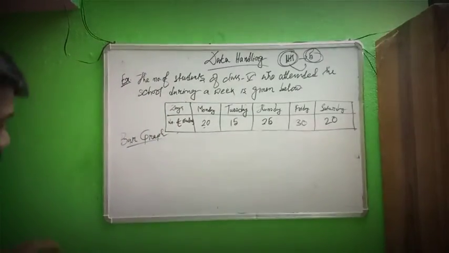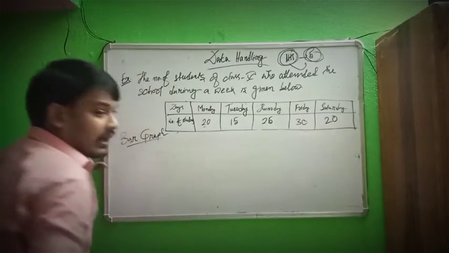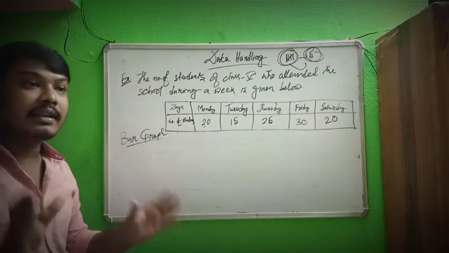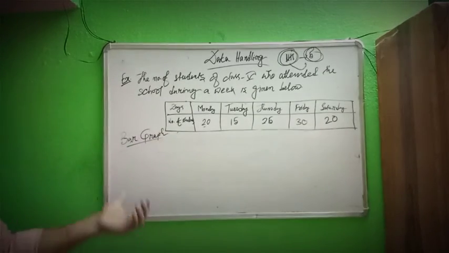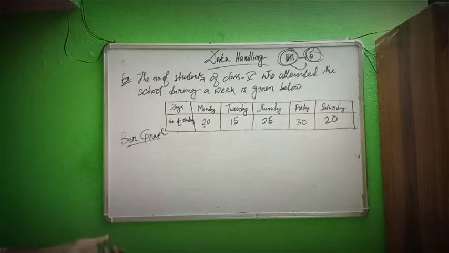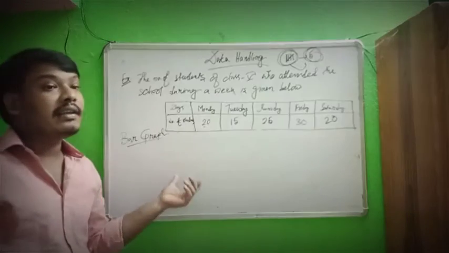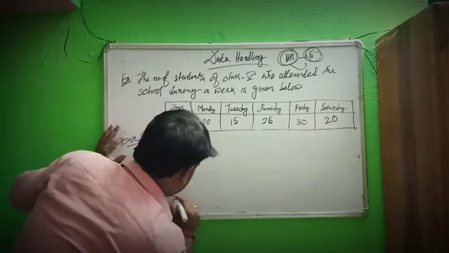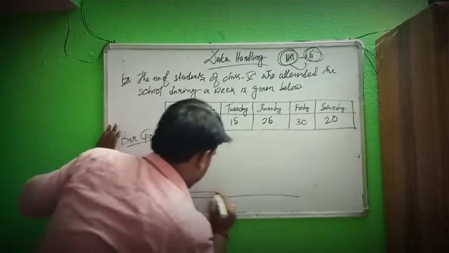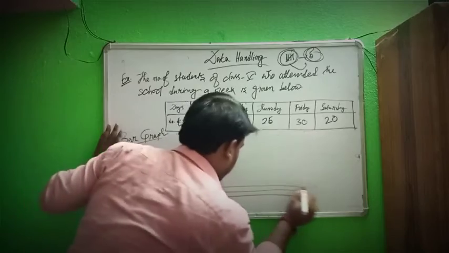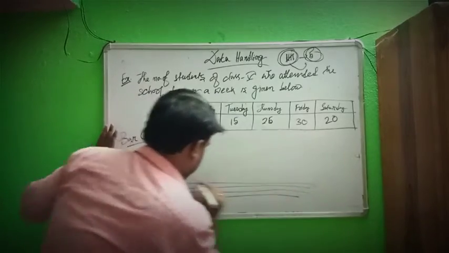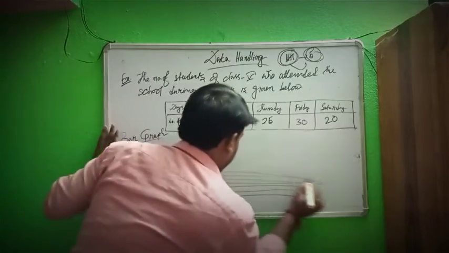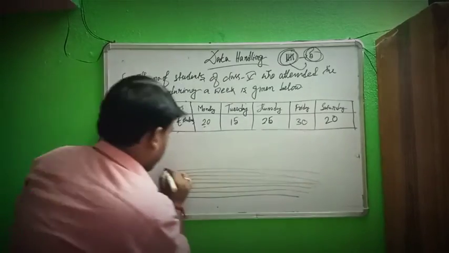Another thing, your graph paper is given. The bar graph is drawn on graph paper. You already have these types of graph paper, with these types of divisions given.